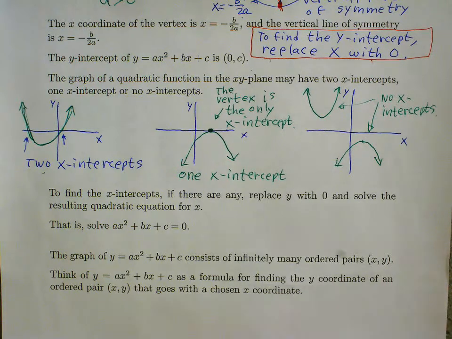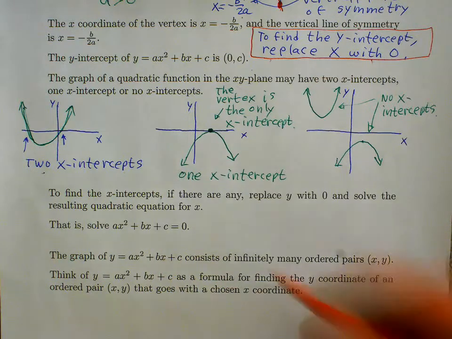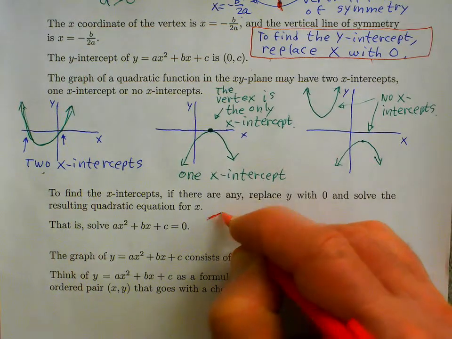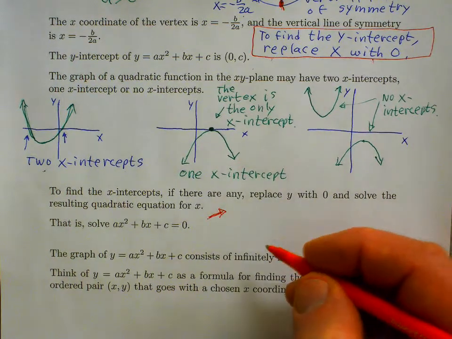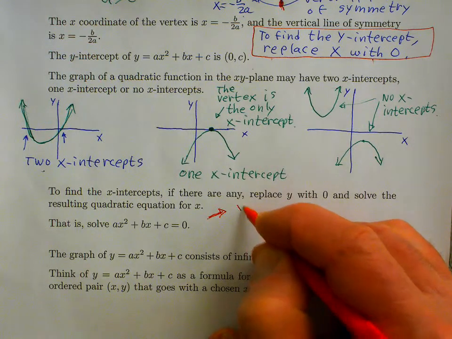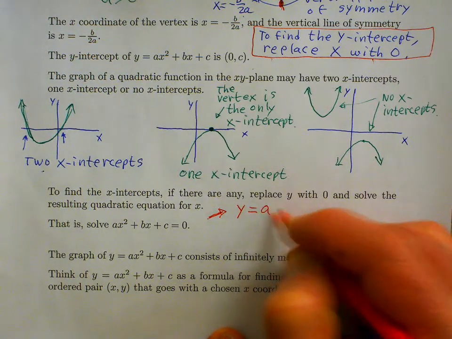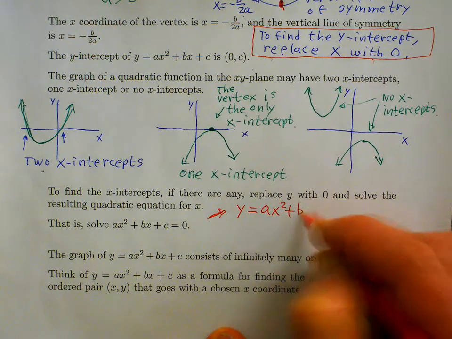That is, solve the quadratic equation ax squared plus bx plus c equals 0. Here we're assuming that we started out with a quadratic function y equals ax squared plus bx plus c.